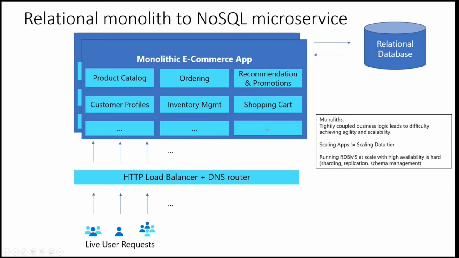Then I'll talk about the overall stages involved in the migration, especially if you're coming from a relational monolith to NoSQL microservice, right? The scaling of the app will be independent of the scaling of the data tier, but a lot of customers who are looking to modernize their workloads often do both of these things together.